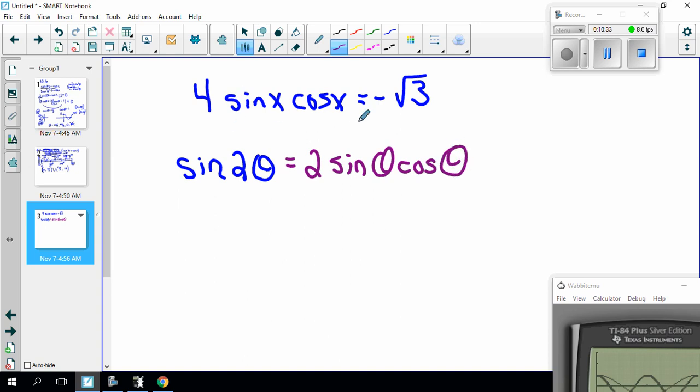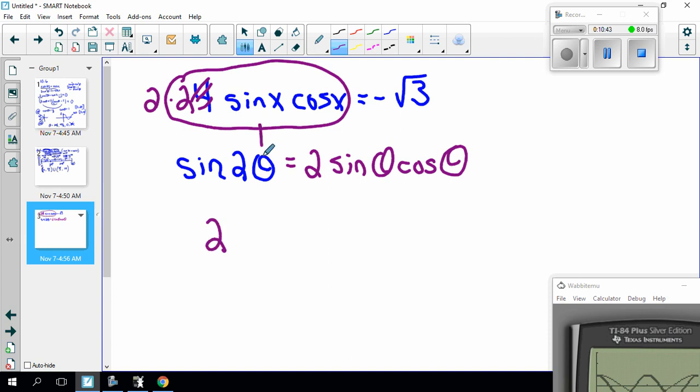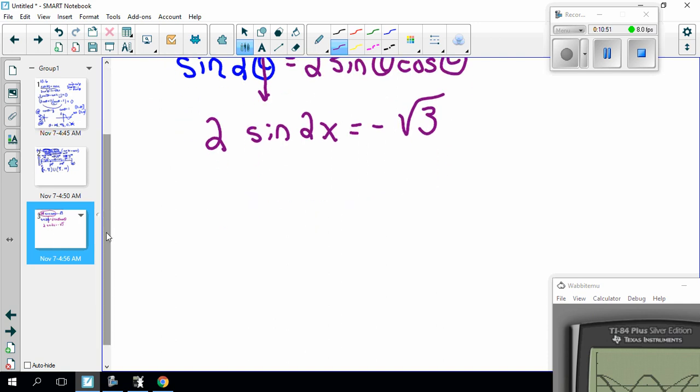And I see that I'm going to break the 4 up into 2 times 2. I'm going to circle this and replace it with sine 2x. Equals negative the square root of 3. Now we need to divide by 2.